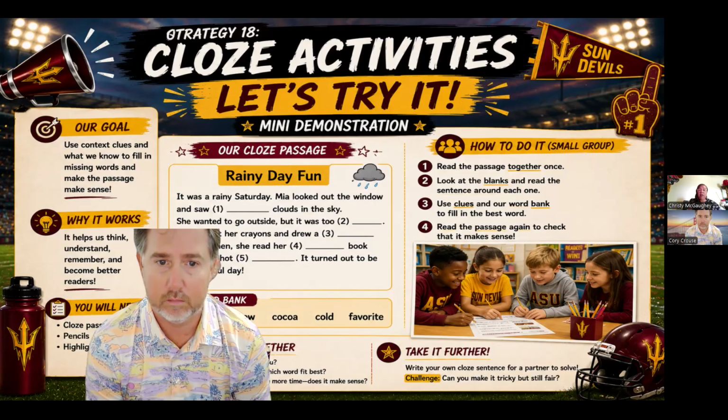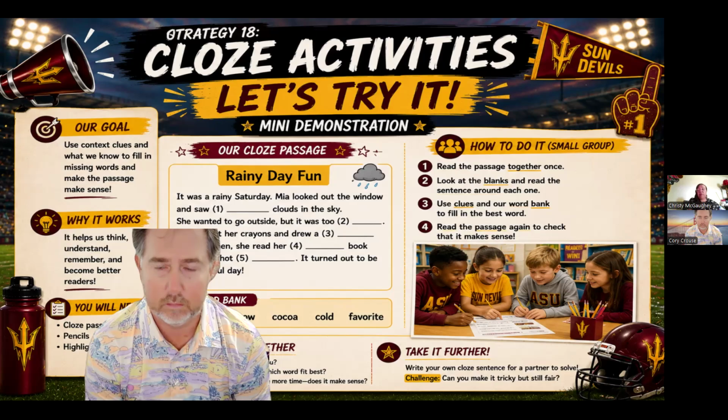So she got her crayons and drew a blank picture. Then she read her blank book and drank hot blank. It turned out to be a wonderful day. So at the very bottom, we would have the kids do exactly what I just did, which is read the passage with the blanks in there, and then figure out from our word bank below if it was gray, rainbow, cocoa, cold, or favorite.